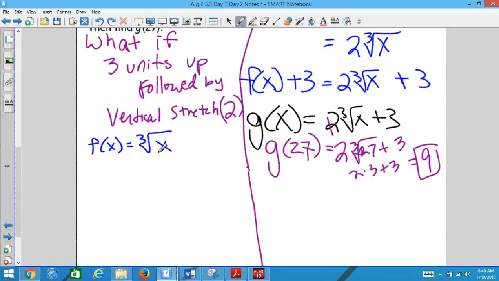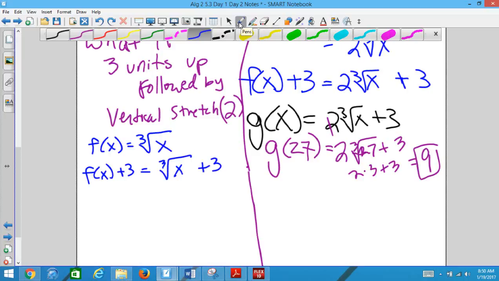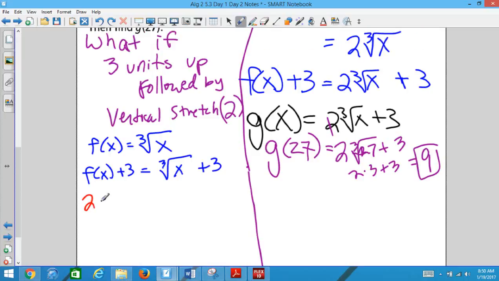So if we did the 3 units up first, you would do your f of x plus 3. So on this side of the equation, I would do cube root of x plus 3. Then what do we do next? We're next going to take 2 multiplied by this entire function. So I'm going to have 2 times parentheses cube root x plus 3.